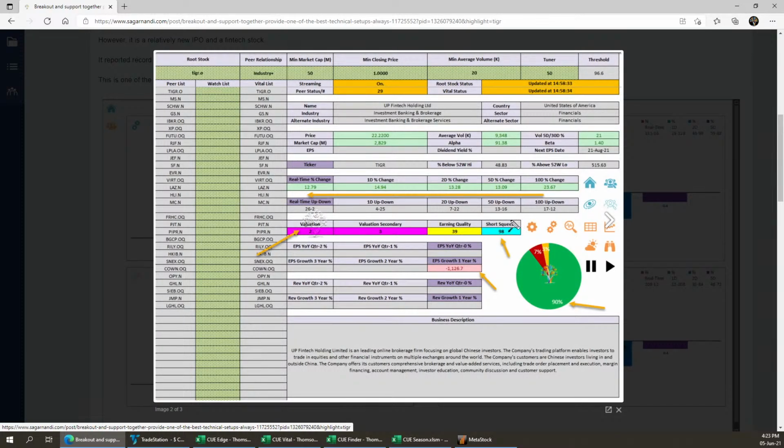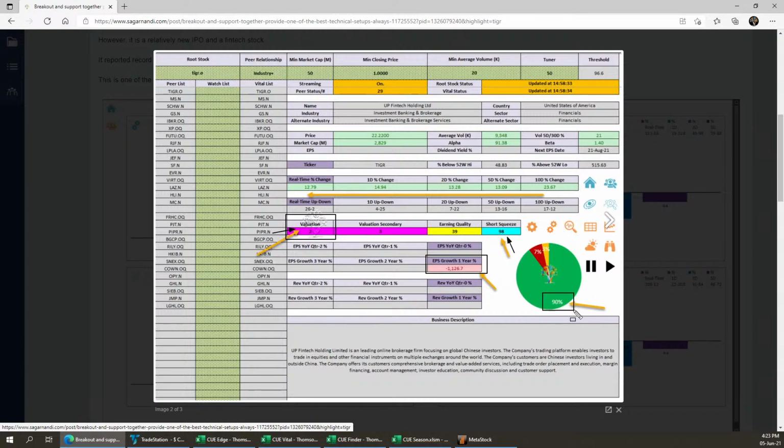Now, this was again not a fundamentally strong stock. Incidentally, Edu was a Chinese stock and TIGR was also a Chinese stock. They're listed in the USA, but it's a Chinese business. It's overvalued. Earnings growth, the data we have is not encouraging as of the time I shared it. But what were the encouraging things? The industry was improving, a turnaround, and it had short squeeze potential.